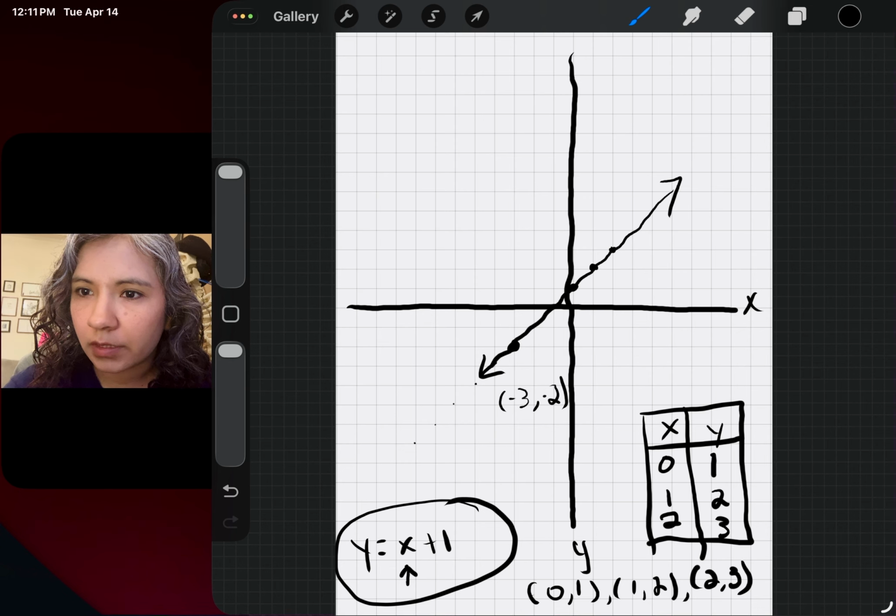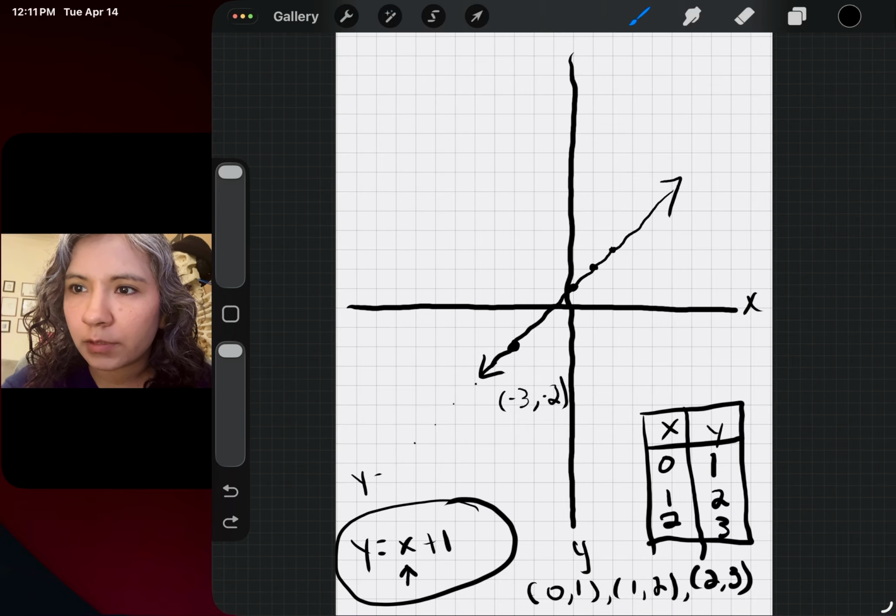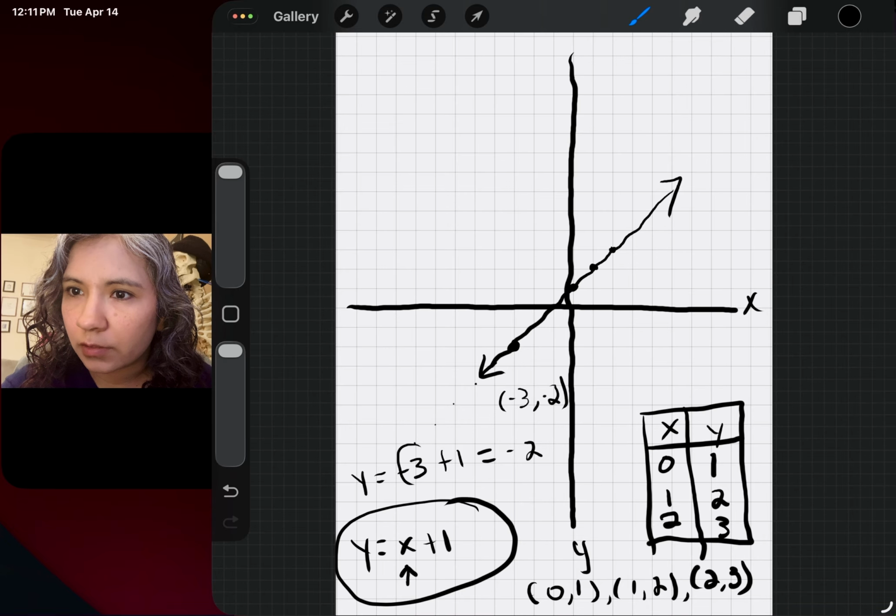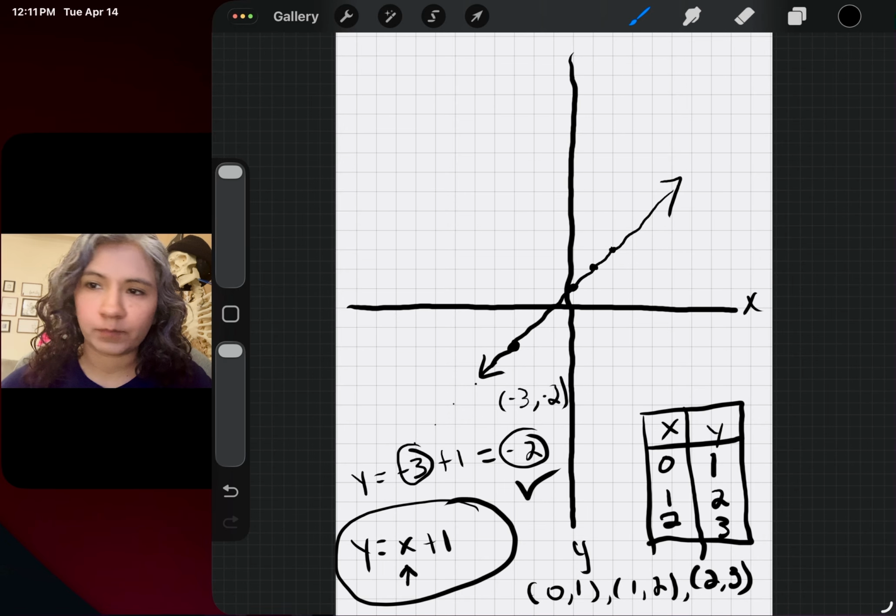So if we do the x as -3 and then do the plus 1, that gives us y is -2, which were our 2 points. So this is correct that it goes on that line.